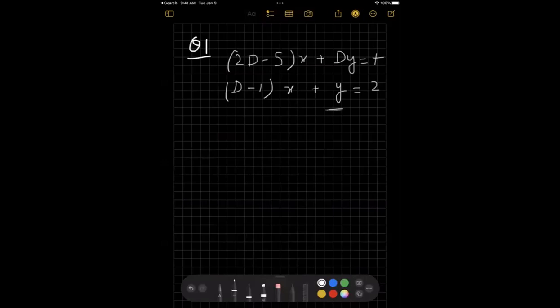Equation 2 multiplied by D gives D(D minus 1)x plus Dy equals the derivative of 2, which is 0.